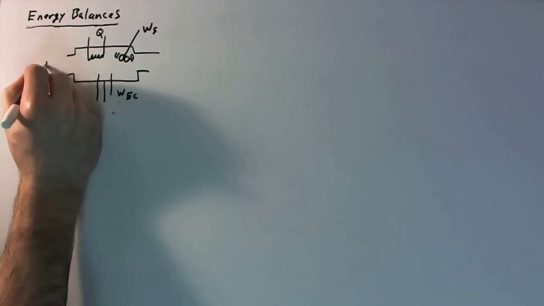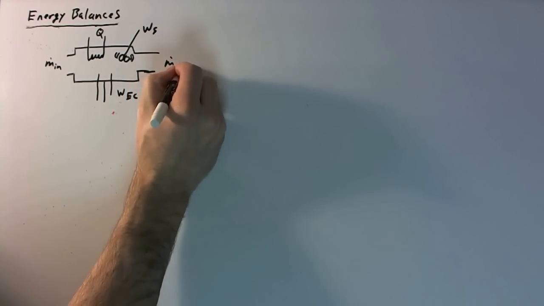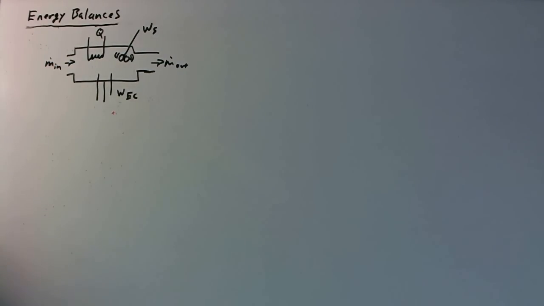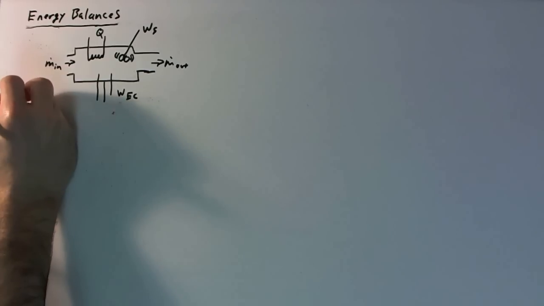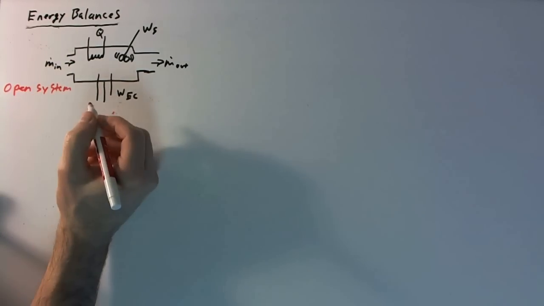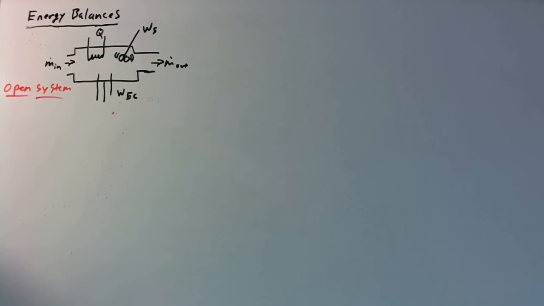So this is m in, this is m out. So we have flow in, flow out. So now this is an open system. We have mass flowing in, mass flowing out. So now this is going to change our balance a little bit because we have to consider the flow rates.